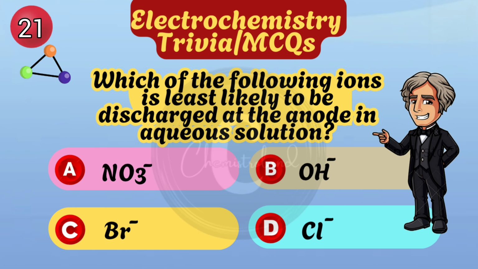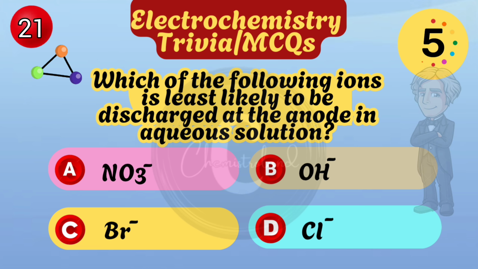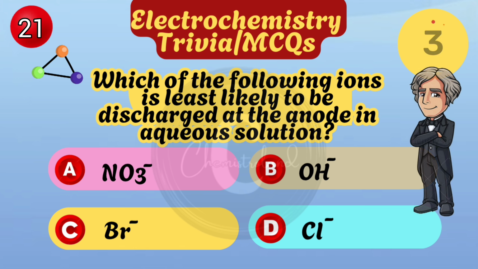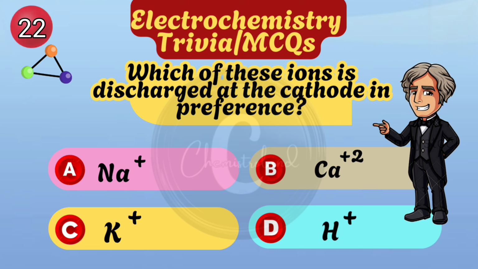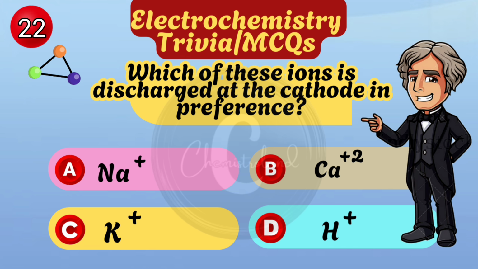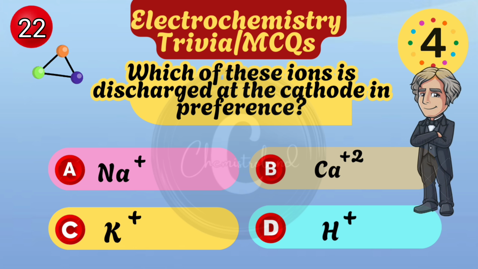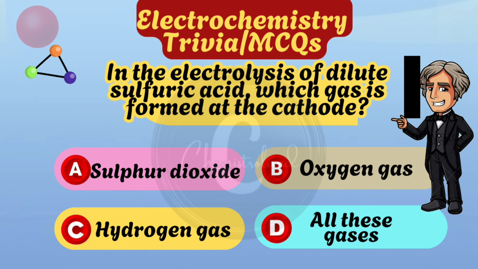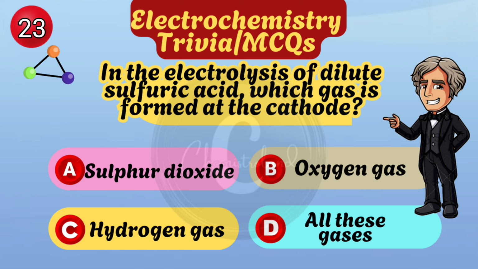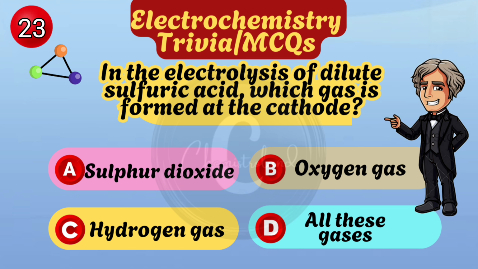Which of the following ions is least likely to be discharged at the anode in aqueous solution? NO3 means nitrate ion. Which of these ions is discharged at the cathode in preference? H+ ion. In the electrolysis of dilute sulfuric acid, which gas is formed at the cathode?